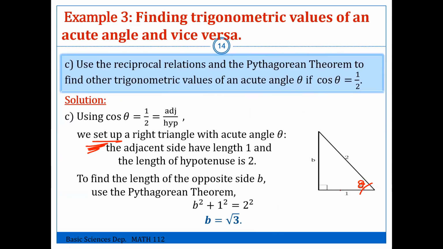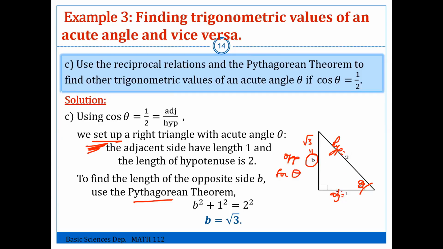The adjacent side to theta, we take it equal to 1, and the hypotenuse, we choose it equal to 2. We use Pythagorean to compute the remaining side, the opposite for theta, and we get that it's equal to square root of 3.